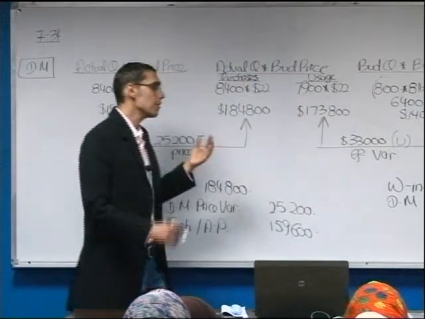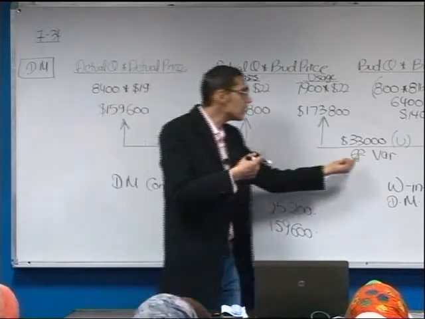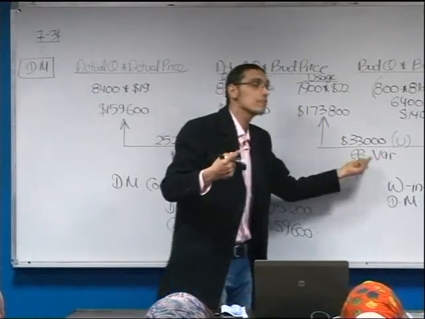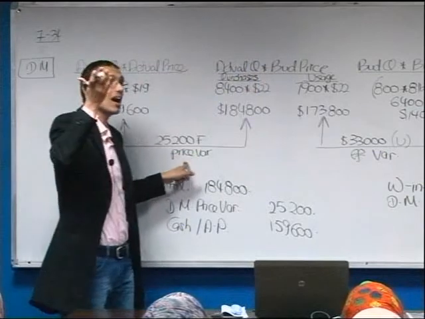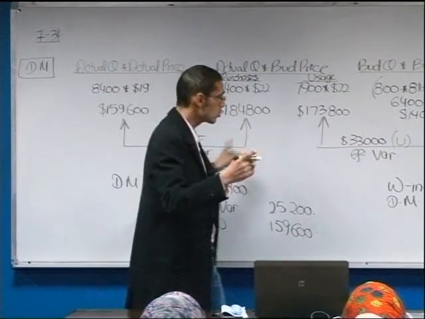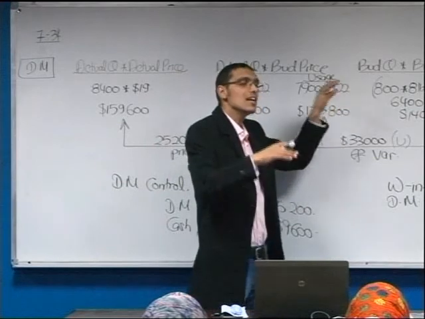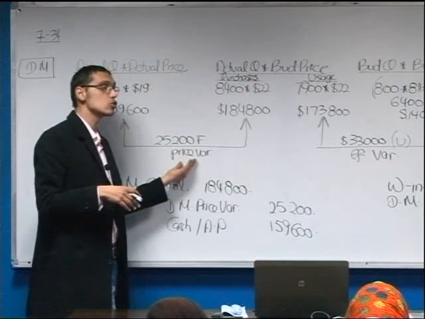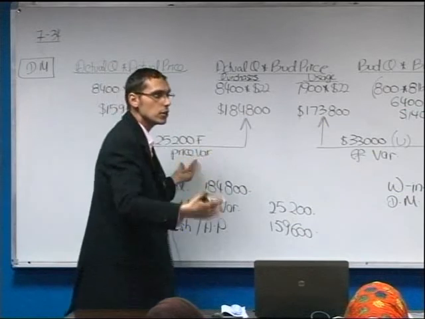Therefore, if we were considering the same quantities, the unfavorable efficiency variance would be more than 33,000. The difference between the unfavorable and favorable variances would be higher than we expected. Because the 33,000 unfavorable efficiency variance was because of the actual quantity used, while this 25,200 was because of the quantity that has been purchased.